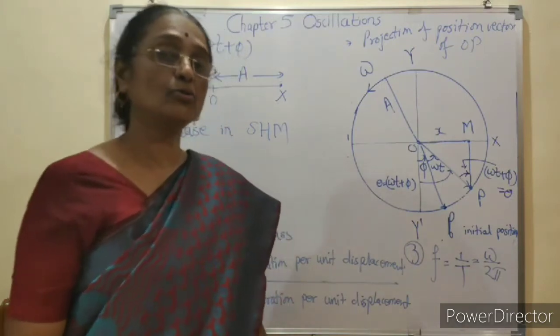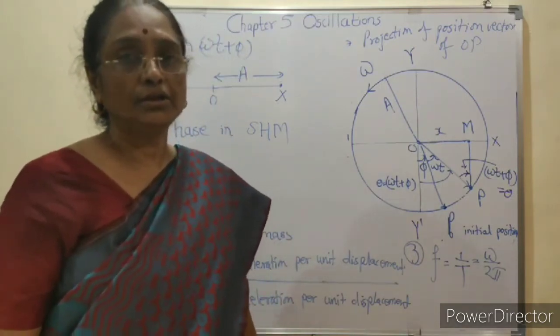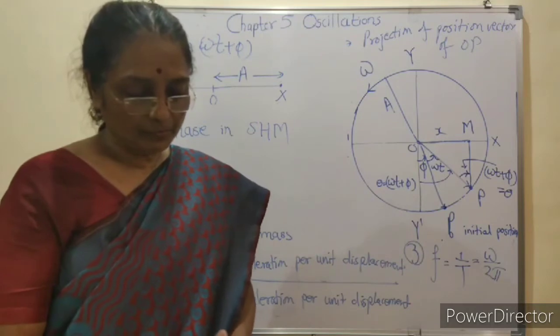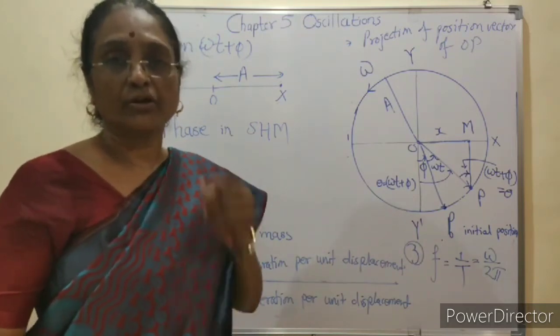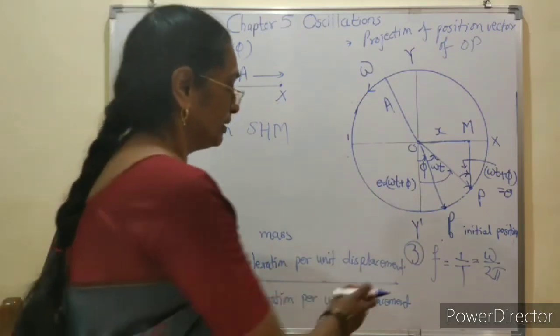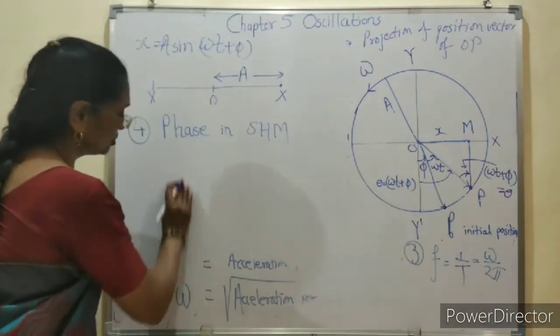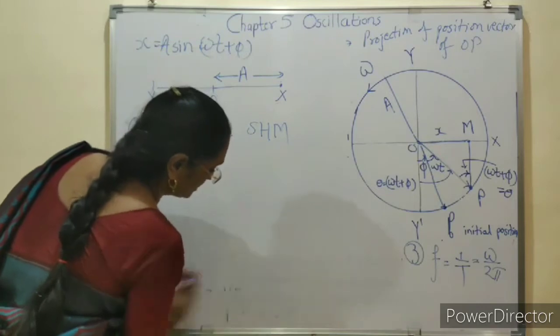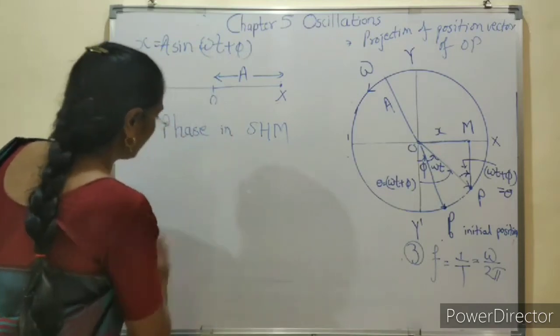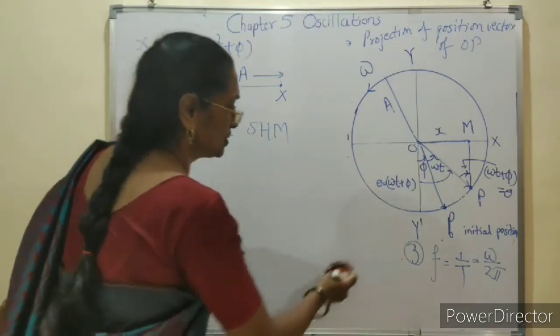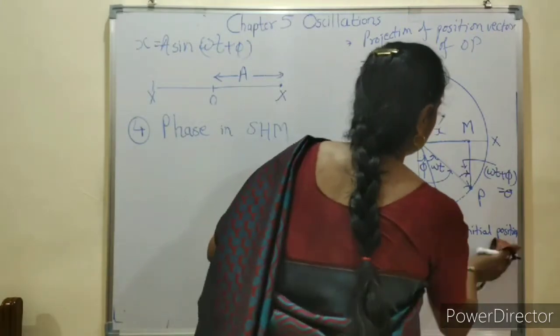This concept we have to continue in mechanical waves or sound waves. There, in case of transverse waves as well as sound waves, we have to use the same concept of phase. Therefore, we have to give stress on this phase here.